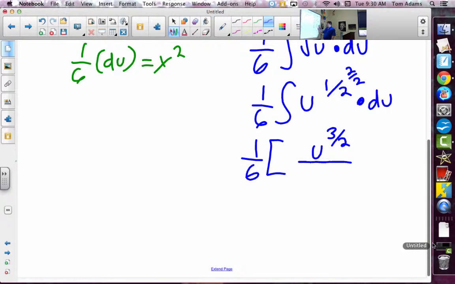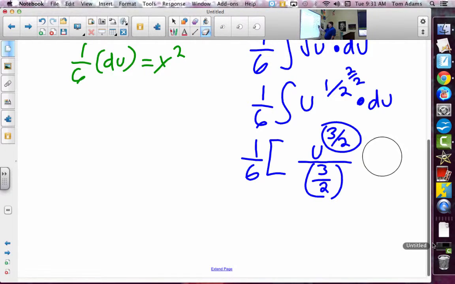But I want to divide by this number. Whenever we take an antiderivative, we add 1 to the power, and then we divide by whatever that new power is. We would be dividing by 3 over 2, and we'll come back to that in a second. We don't need to write the du. Plus c.